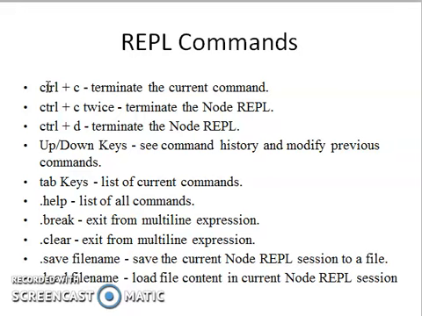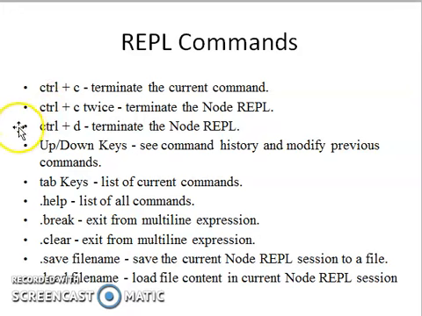The tab key lists the current commands. Help displays help related to Node. Break is for exiting from multi-line expressions. Clear is the same for multi-line. Save and load files are also there.